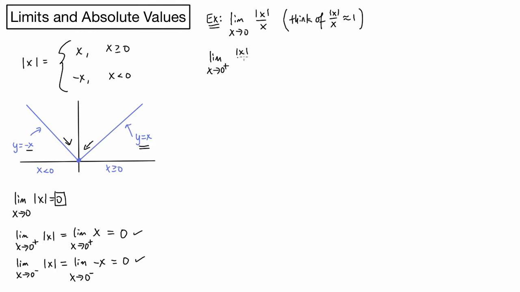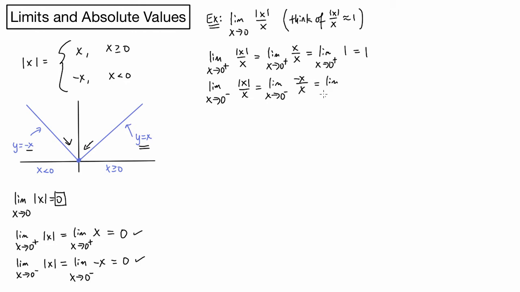We'll start with the right. For the limit from the right, we replace the absolute value with just x, which makes this limit 1. And remember, the limit of a constant is the constant, because there's no x in here that's changing. And so the limit from the right is 1. The limit from the left would get replaced with negative x instead, because approaching from the left, we have negative x.